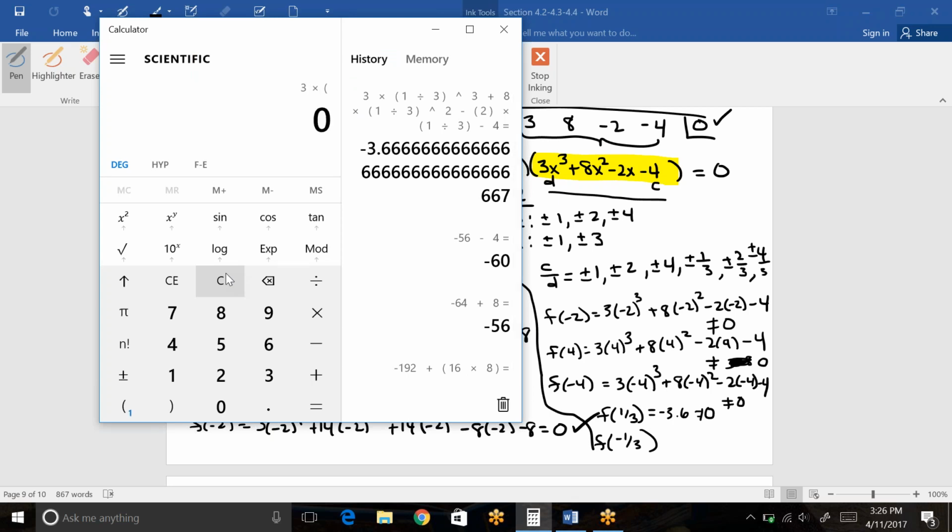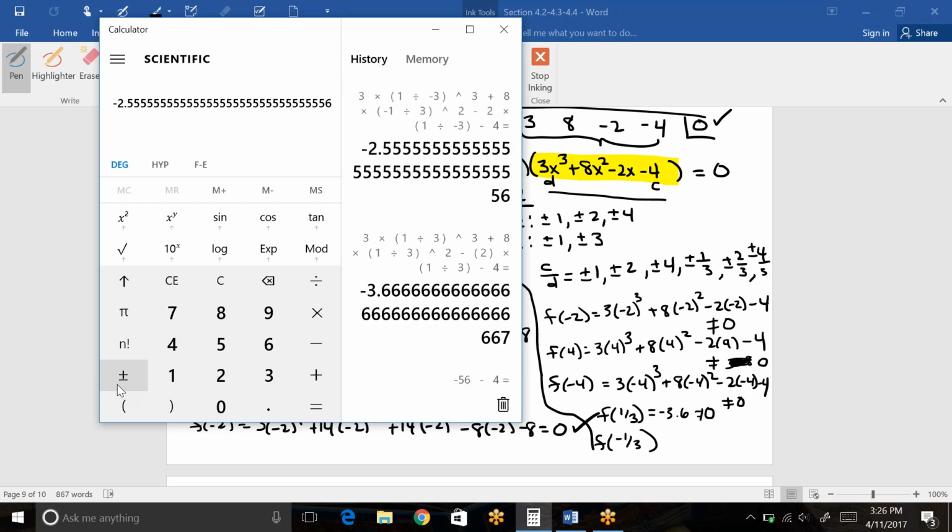3 times negative 1 divided by 3 to the third, plus 8 times negative 1 divided by 3 to the second, minus 2 times negative 1 divided by 3, and then minus 4, which is negative 2.5.